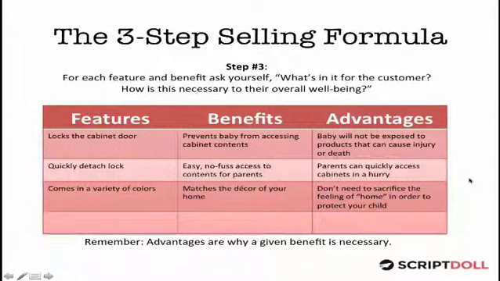But adding these advantages is the third step that I think most marketers really miss, because they talk about the features, they talk about the kind of obvious benefits out of that, but they forget to explain why. And the advantages is really your why, right? That's like going that step further, taking that extra step to really hit it home.